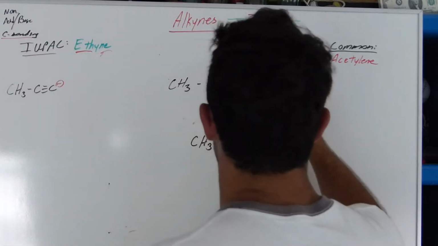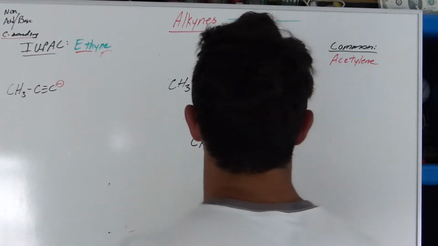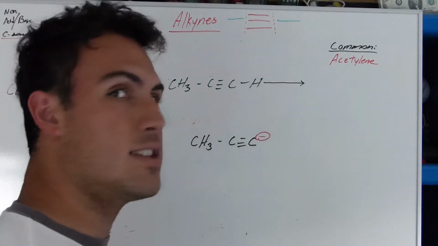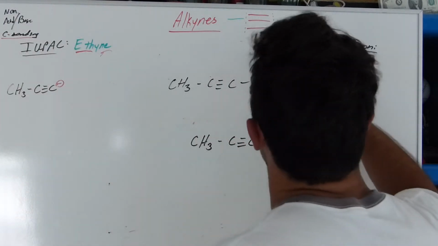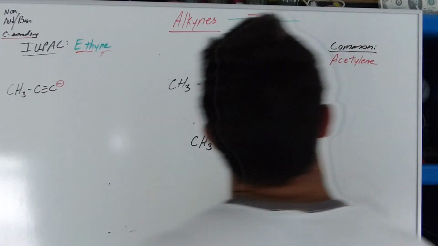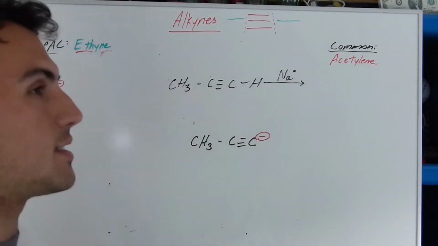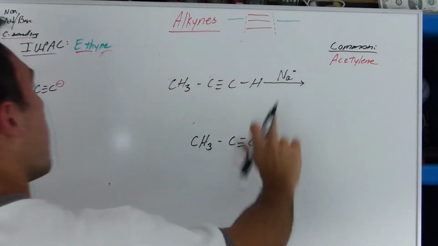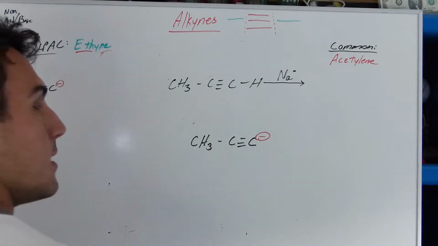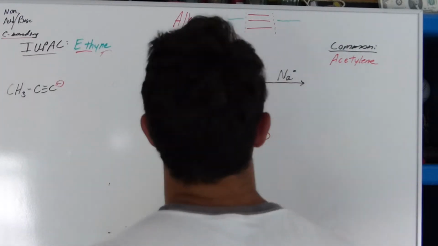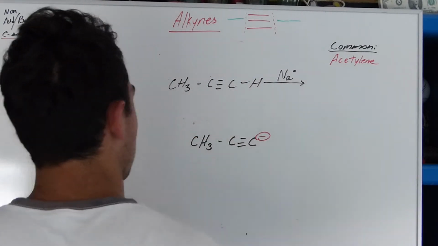What's something that's very good? Any guesses? One of the strongest is sodium metal, Na with a little 0, like a degree symbol. What does that do? It rips off that hydrogen, because this sodium metal is so strong. It will tear off that hydrogen from the rest of this molecule.